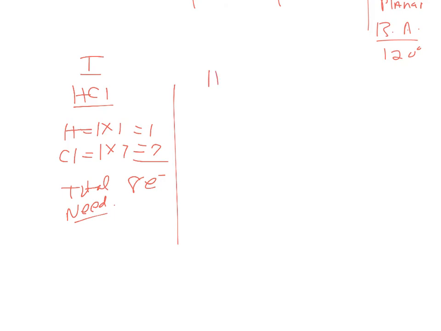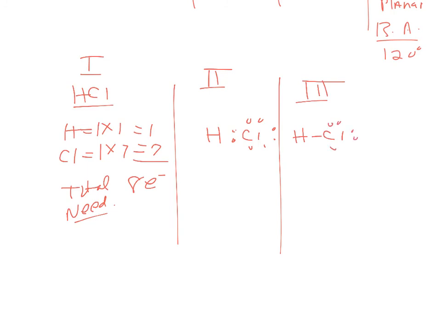And when there's no central atom, you automatically know it's going to be linear, because if you only have 2 atoms, 2 points in geometry, they define a line. And so all you can do is put them next to each other. Of course, chlorine is going to get all 8. And the way this cleans up is very simple, with a line between the chlorine, but you have to keep these dots. There's no central atom, so the total shared and unshared does not apply.